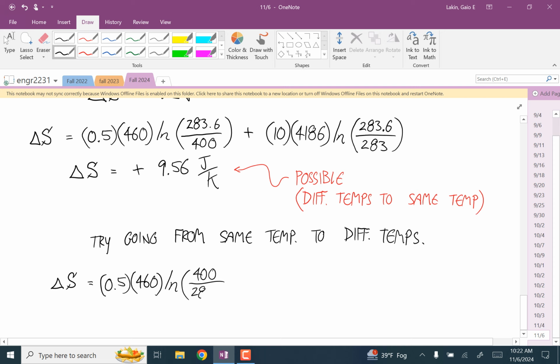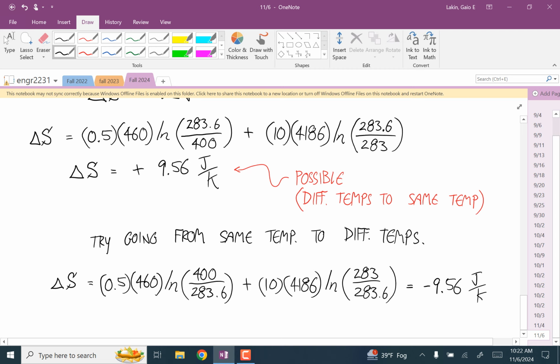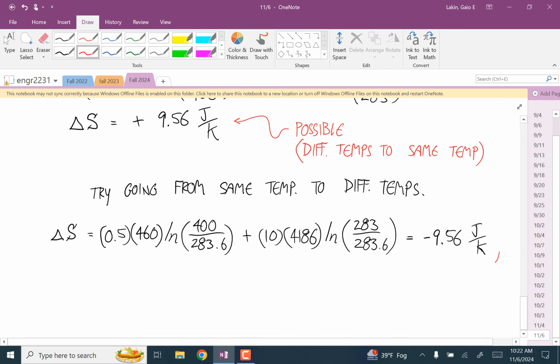The earlier temperature would be 283.6. And then we're adding that to 10 times 4186 times the natural log of 283 divided by 283.6. And the natural log of a reciprocal is just the negative. And so this comes out to be negative 9.56 joules per Kelvin. And so this is not possible.